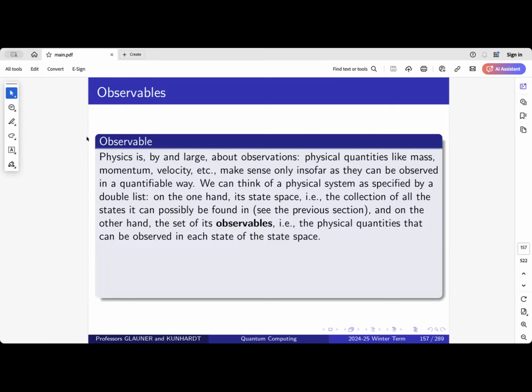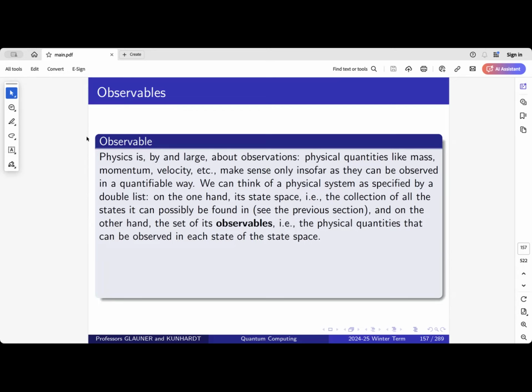I'm skipping that. There are a few slides if you want to do readings about observables, and there's much more in the book. But because this is a quantum computing course and not a quantum mechanics course, all we care about is that we observe a 0 or 1.